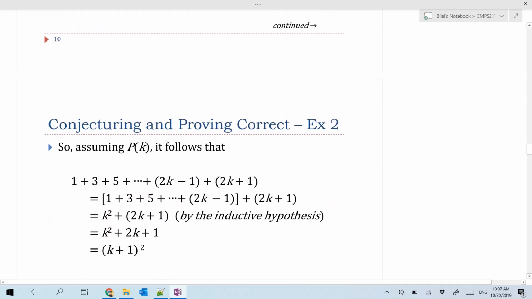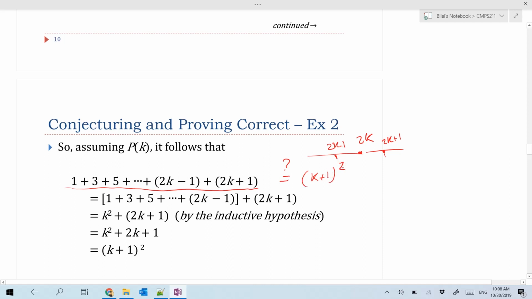Good. So what about the summation of all the odd integers up until the next odd integer, which is 2k plus 1? Okay, so 2k is an even number, and 2k minus 1 is this number here. The next odd integer is 2k plus 1. So what we want to do is check whether this is equal to k plus 1 squared.